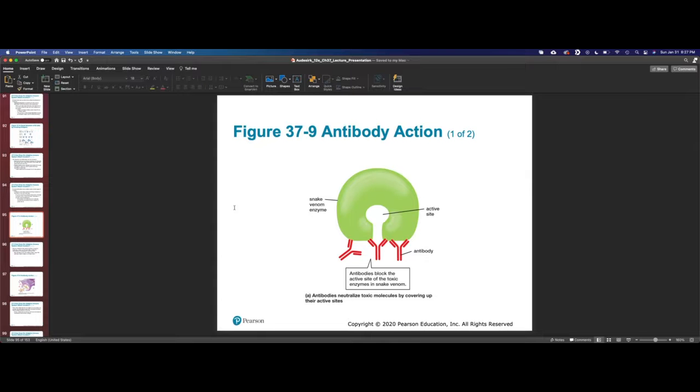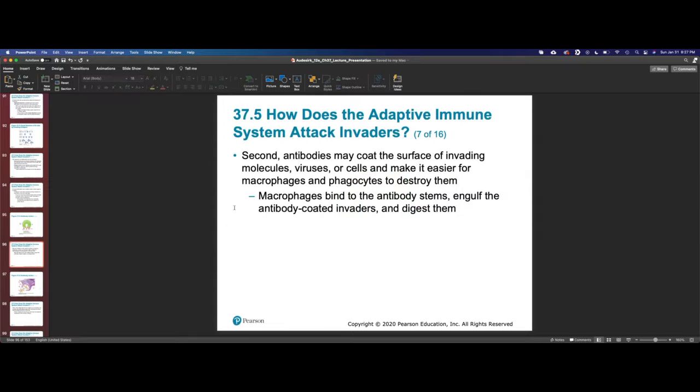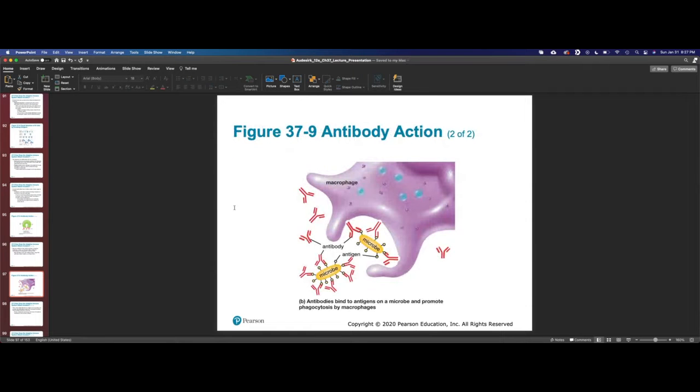antitoxin. And again, I mentioned it earlier, once antibodies have coated the surface of this antigen, it's easier for macrophages, which are the big eaters, and other phagocytes to destroy them. And here we just have a picture of that occurring.